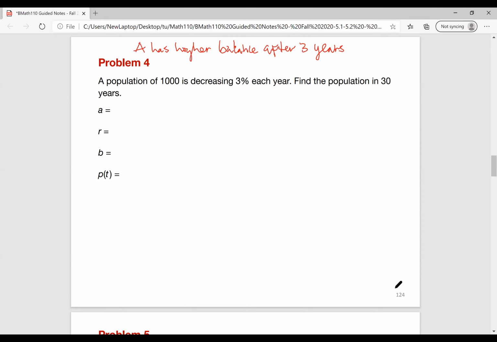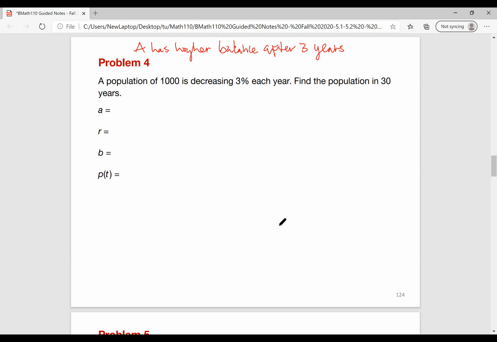Okay, so this is problem number 4. A population of 1,000 is decreasing 3% each year. We need to find the population in 30 years.